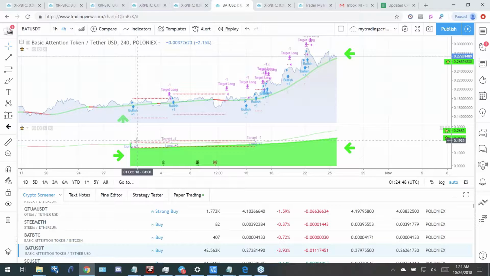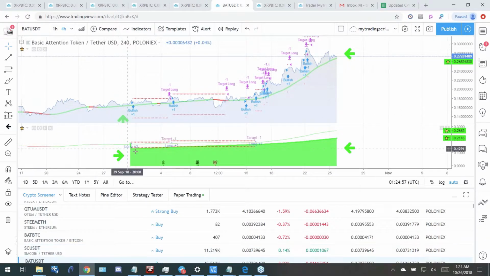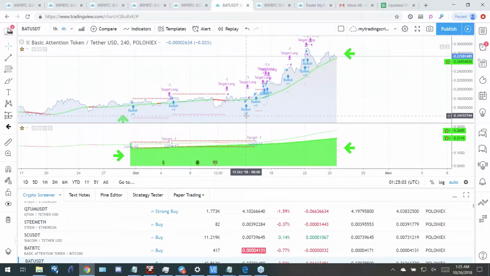Now, once the game starts, if you decide to jump off the train, everybody's on their own. We're never going to know a perfect time to get out of the market. But we know that if we catch the trends in the beginning, we've got the most to gain.